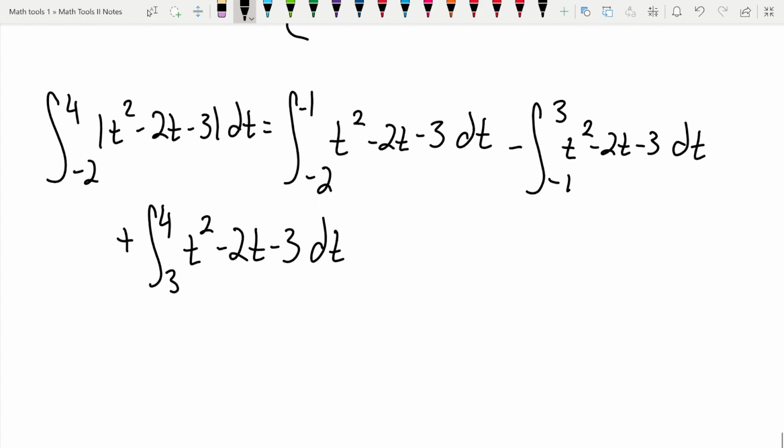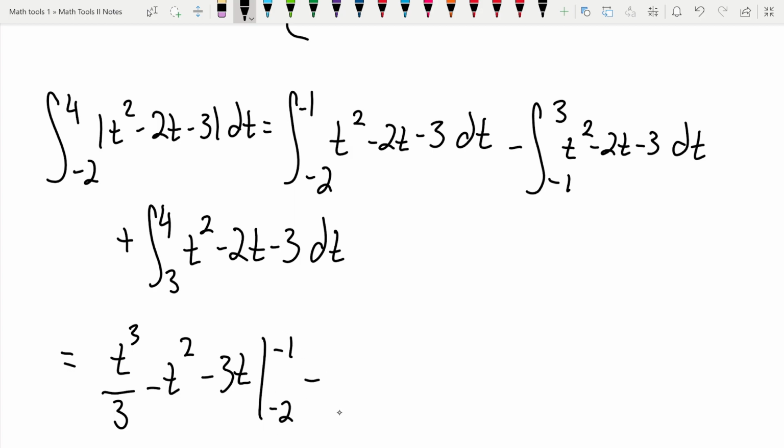So this way we really only need to find the antiderivative once. So that's going to be t cubed over 3 minus t squared minus 3t, from negative 2 to negative 1. We don't always write the t equals part here if it's clear what the variable is.